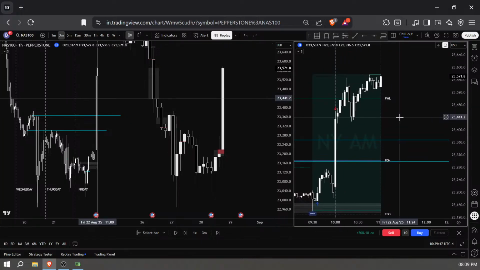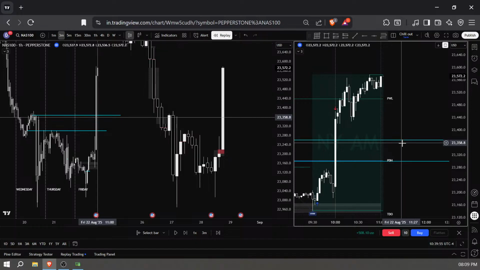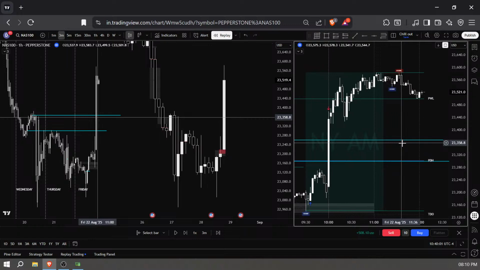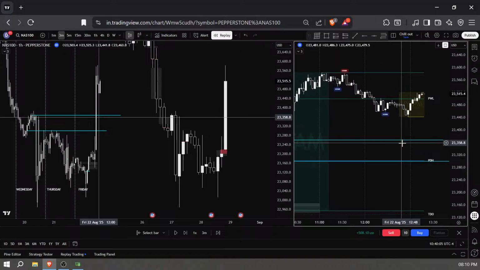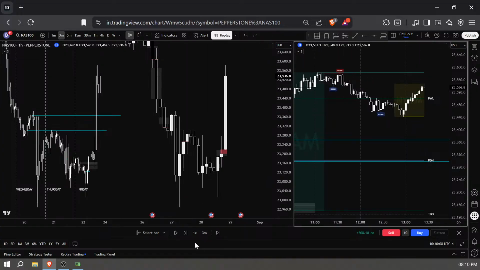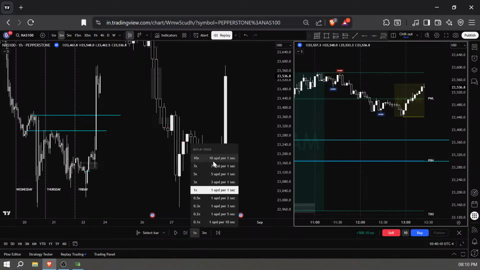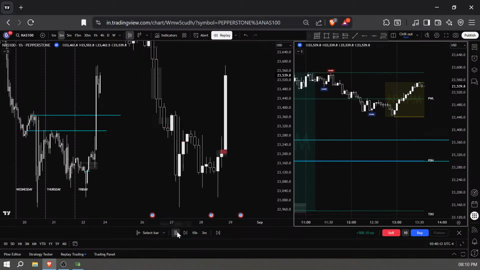Officially, I was looking for longs all the way, but technically we are now down to look for longs. That's the thing. So yeah, I don't trade the 11 a.m. PO3. That's fucked up. I'll just skip this to the next day. Yeah, I will call it a day today.